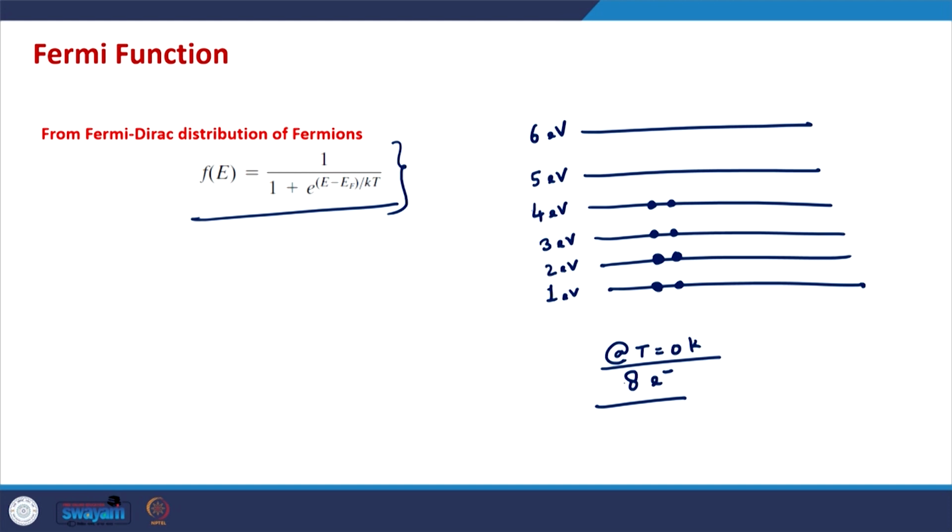But now let us say that we are at room temperature, or let us say at 300 Kelvin. At 300 Kelvin, electrons will have some thermal energy as well. They will have this additional amount of kT energy coming from the thermal energy.